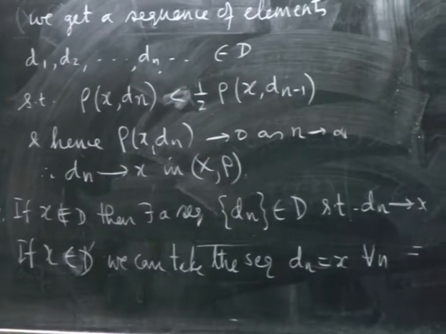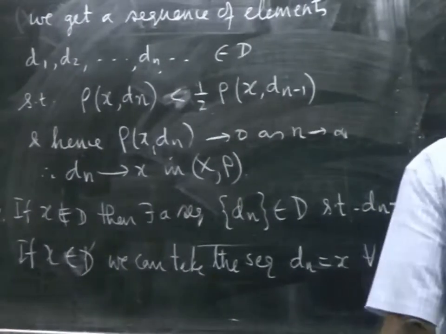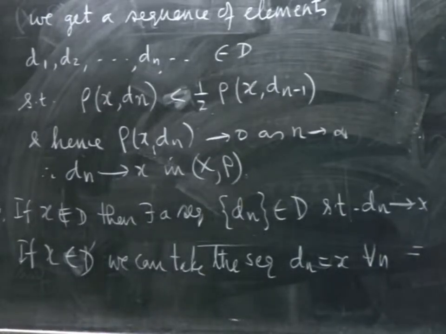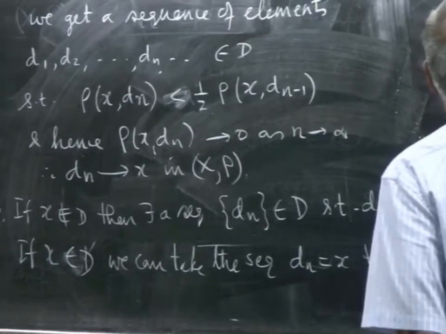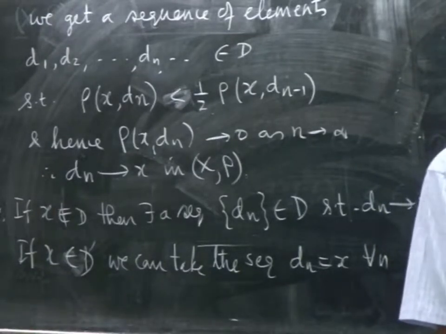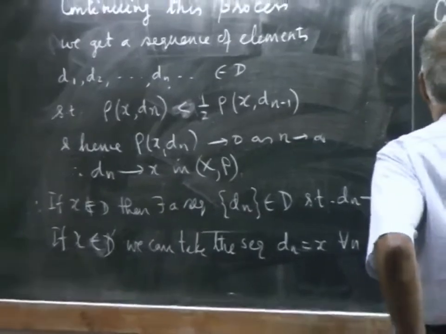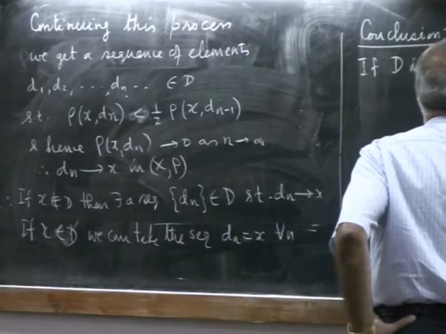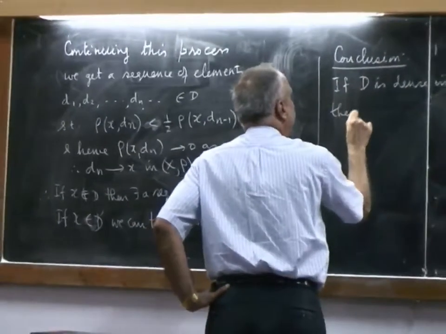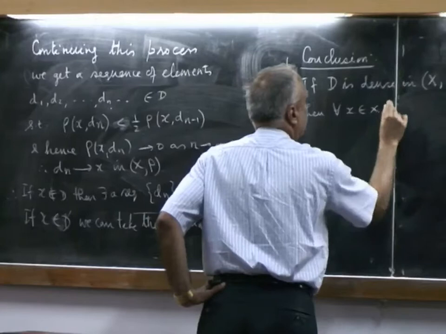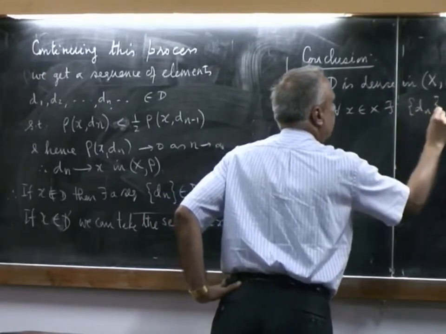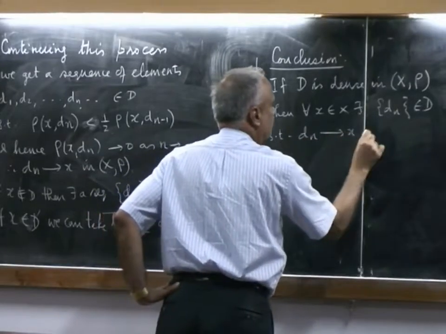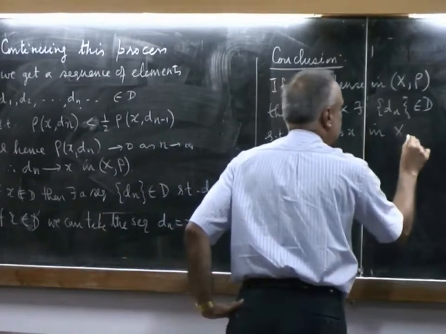Okay, so if D is dense, the conclusion is: if D is dense in (X, rho), then for every x in X, there exists a sequence dn in D such that dn converges to x in X.